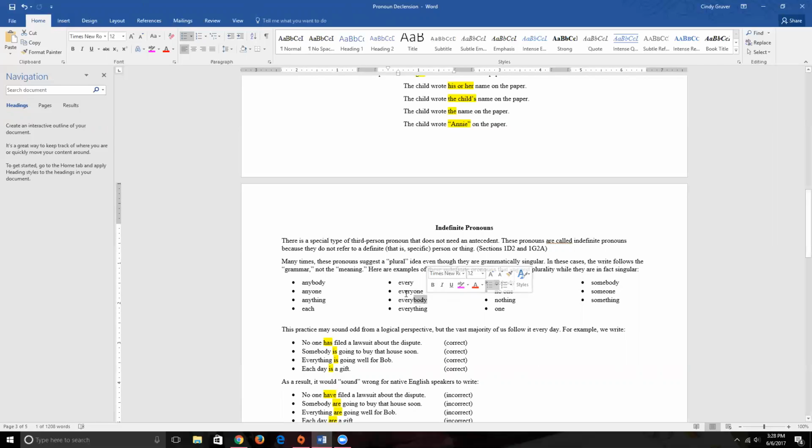So we know that structurally everybody is singular. We're not saying everybodies. Words that end with a Y are typically singular, and you would take away the Y and add IES to make it plural. So while the word everybody suggests a whole group of folks, grammatically it is singular. That's kind of a mind bender.